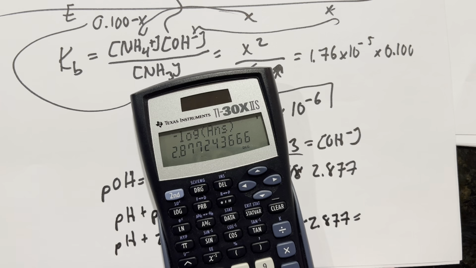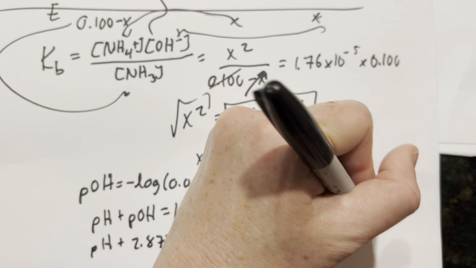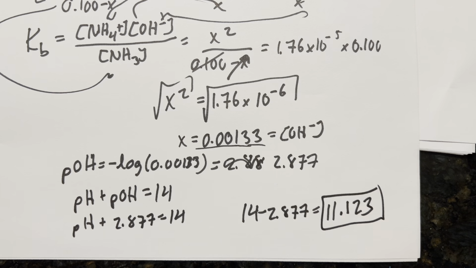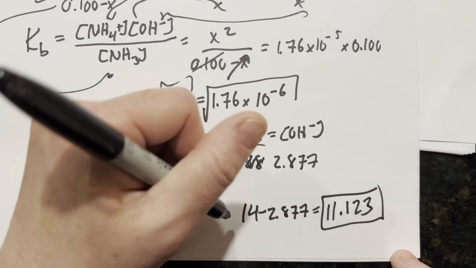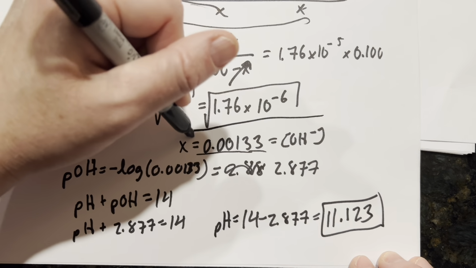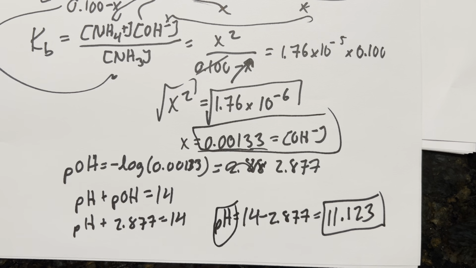And I like to keep all my extra sig figs. It is 11.123. Oh, that was fun. All right, and that would be our pH. So we had our OH minus concentration here, and we have our pH here. So it was kind of a two-part question.